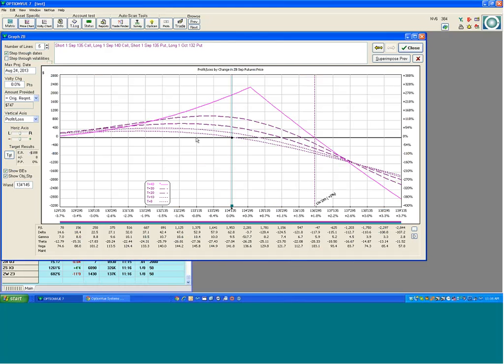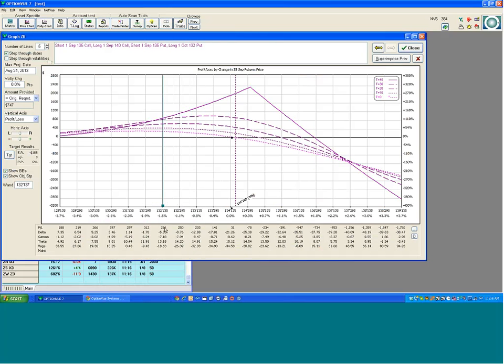Now let's take a look at it. As the market drops down to this level, we are 5 deltas negative, and we've reduced our Vega to only minus 18. So this really does accomplish what we want.